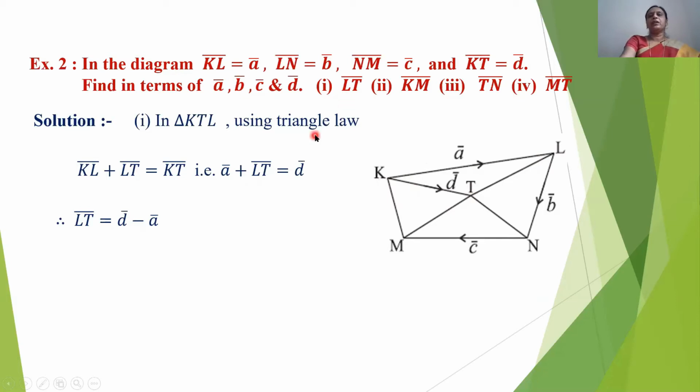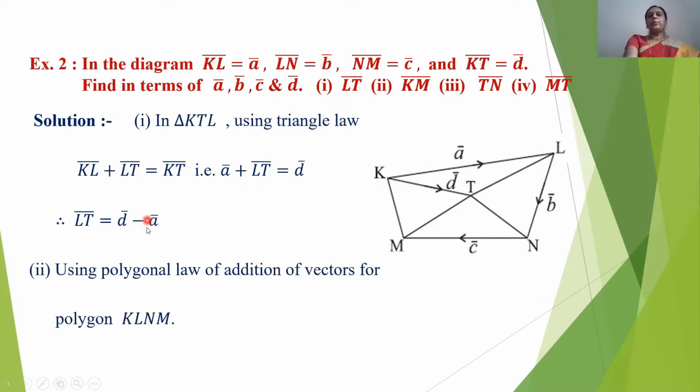Okay. Now, using polygonal law of addition of vectors for the polygon, see here K, L, N, M. For this polygon K, L, N, M, we will use polygonal law of addition. Now, this KM can be written as KL plus LN plus NM.